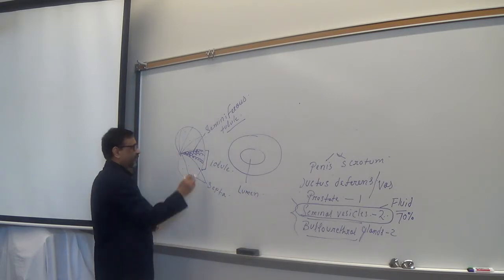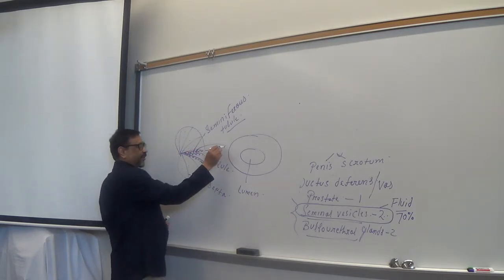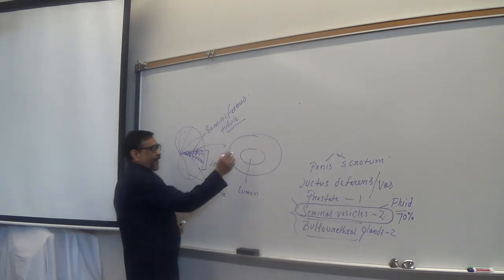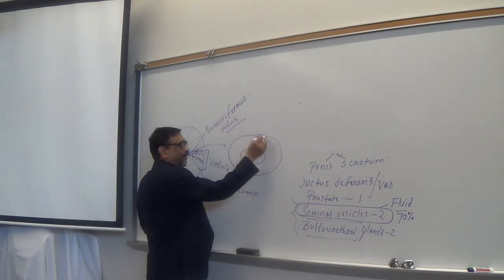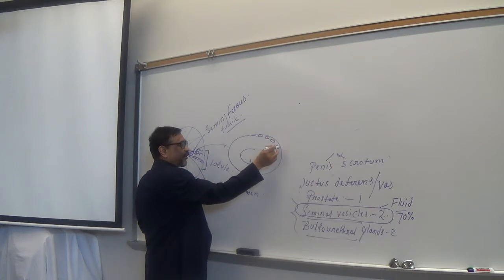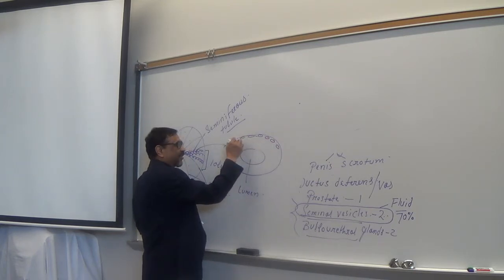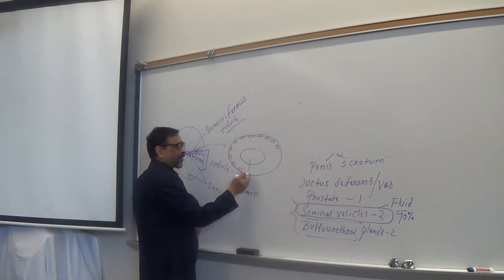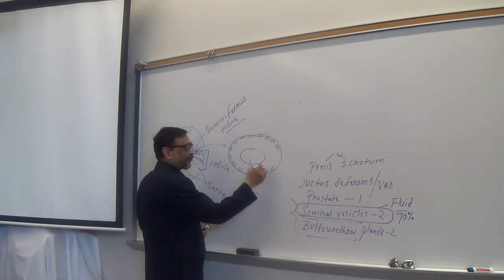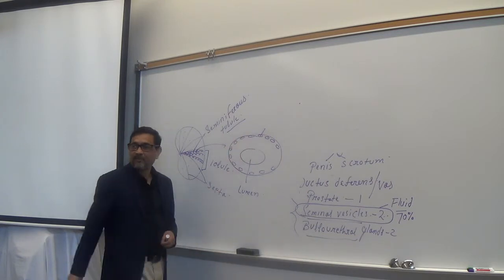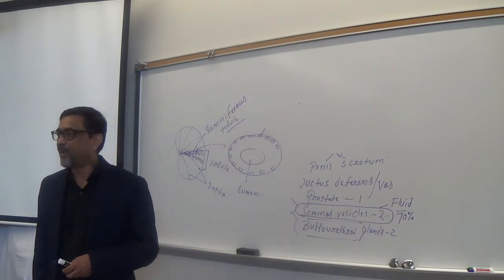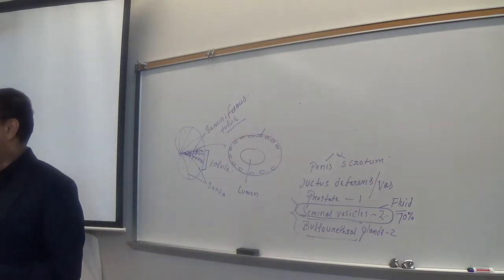Okay? And this is just a section of the seminiferous tubule. And in the wall of the seminiferous tubule, you have the stem cells. So these are the stem cells. Stem cells for what? Sperm. Stem cells for a sperm.